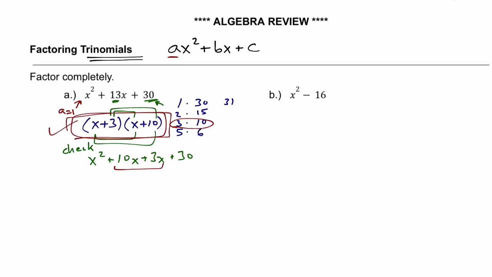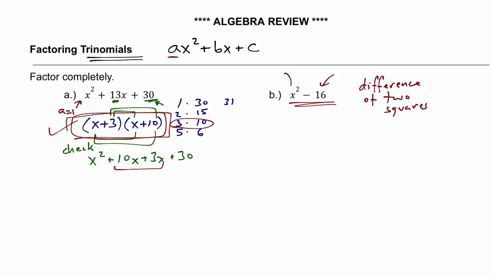Because it's very friendly in some ways, you might come across this situation pretty often. This is called the difference of two squares. What I see here is the perfect square x squared, x times x, and the perfect square 16, which is 4 times 4, with a minus sign in between them. So it's the difference of two squares.